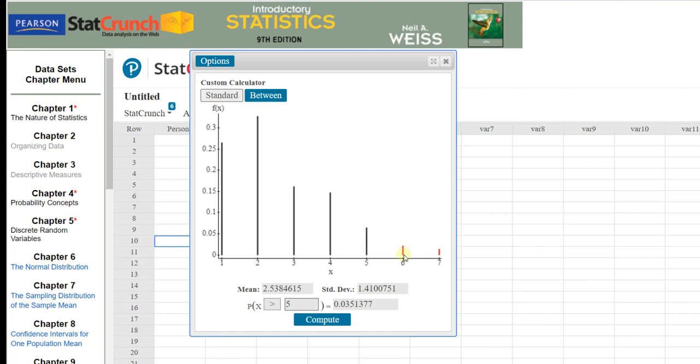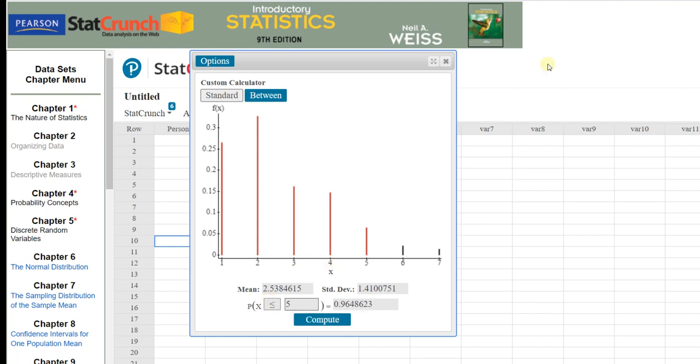That's going to be 6 or 7. Those two add up to 0.35. And so on and so forth. If you want the probability of less than or equal to 5, that's better than 96%. So you see how you can answer all the probability questions right in here about this exercise.